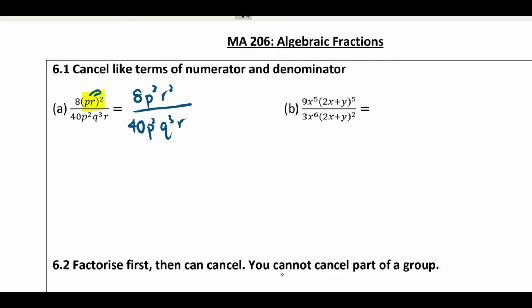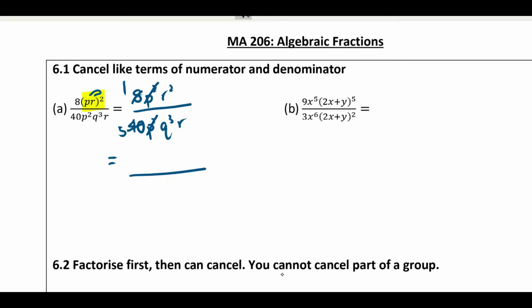Next, number and number can cancel, same family and same family can cancel. 8 and 40 we can cancel, 1 over 5. Next, algebra on top and denominator we can cancel away. So you have p square and p square, so everything goes away. Next, there's no q on the numerator, so in the denominator we just leave it.